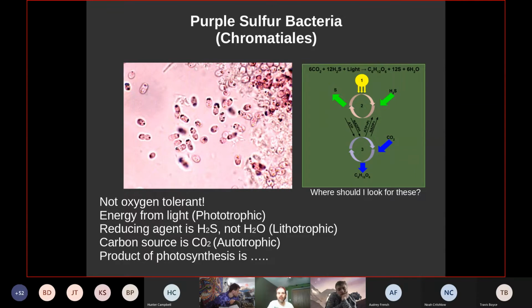So it's got to be an anoxic environment that also has CO2 and sunlight. So that's going to be limited to a few weird places on Earth. Normally, if you've got CO2 and sunlight, oxygen's probably around also, right? Because you're on the surface of the Earth. So these things live in thermal vents, Yellowstone National Park, that kind of thing.